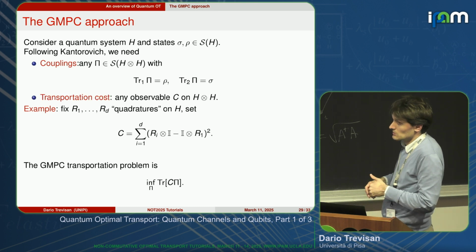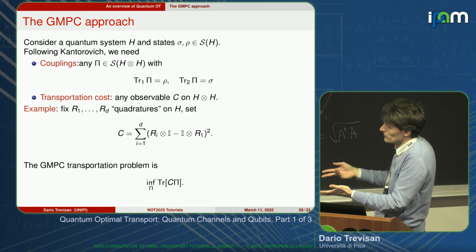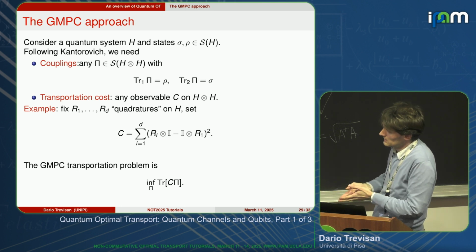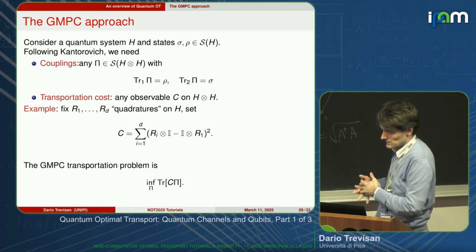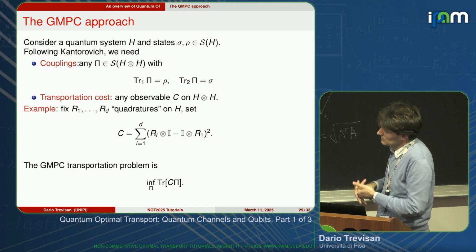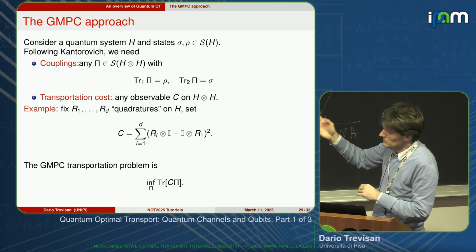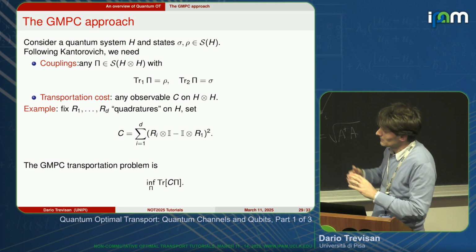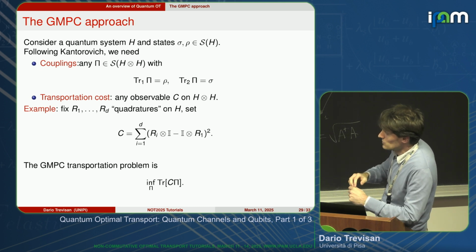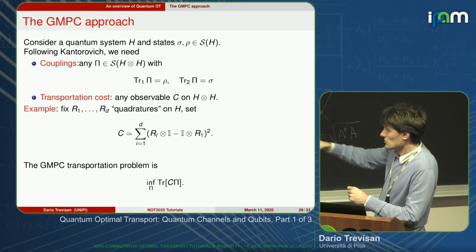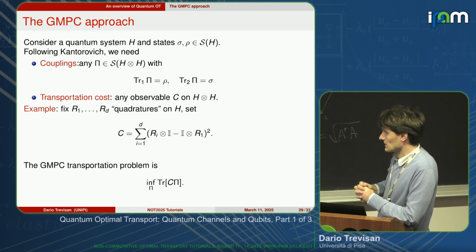And what about a cost? Well, if a cost is a function of the 2 variables x and y, well, they should be observables on the joint system. Maybe as an example, you take a sort of sum of squares. You take your favorite observables, say, for example, position and momentum, but these are maybe not bounded. But you fix your favorite observables and you build a cost, for example, given by this sum of squares.